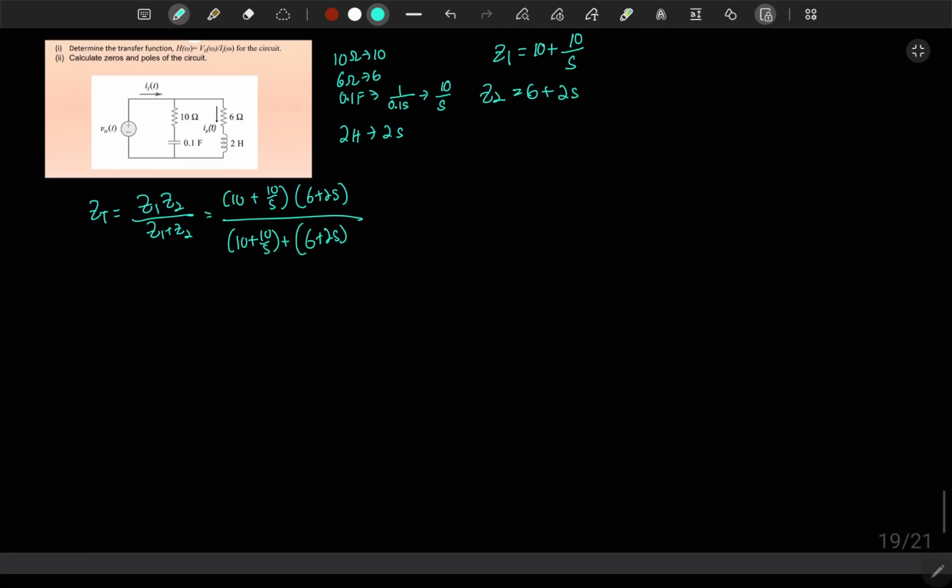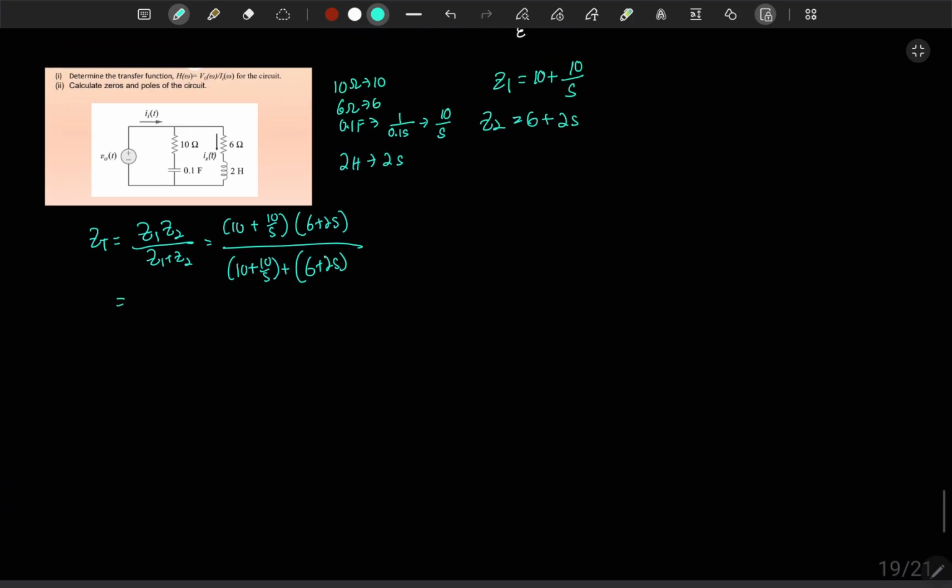If we try to do this calculation here and simplify it, we will get 60 plus 20s plus 60 over s plus 20, divided by 10 plus 10 over s plus 6 plus 2s.